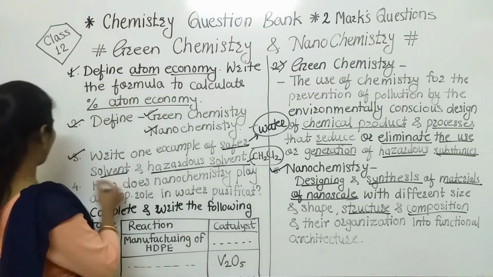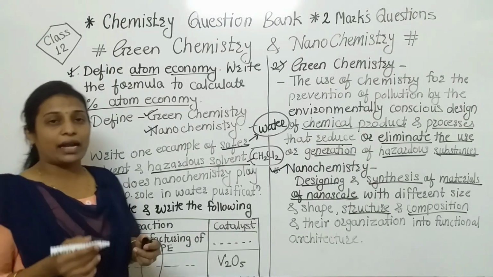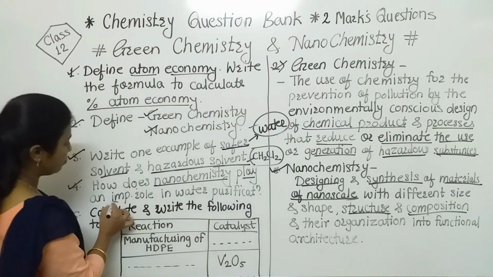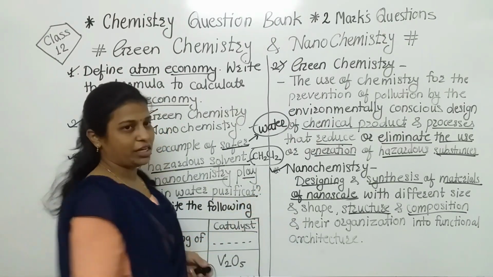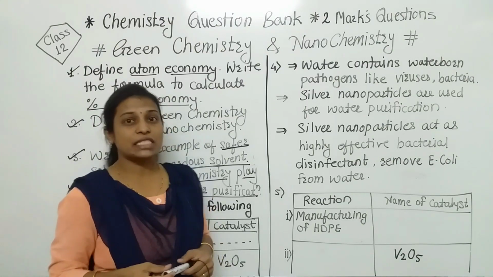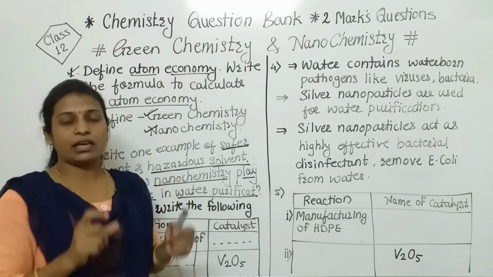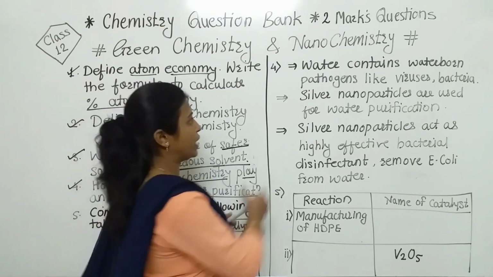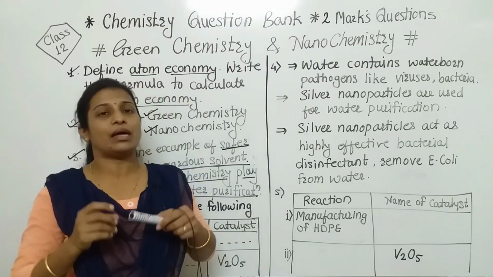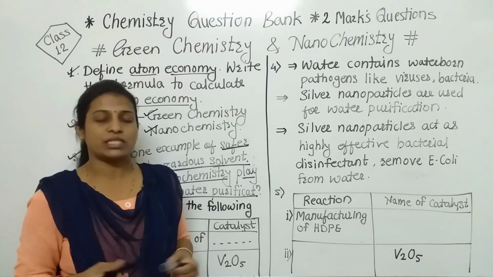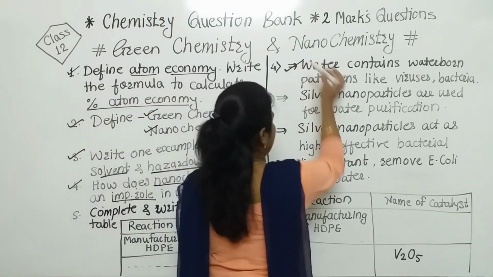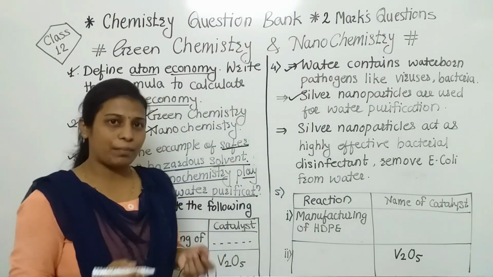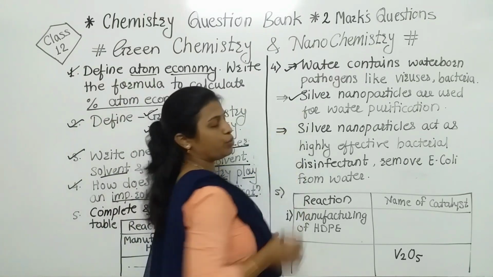So after writing water as a safer solvent and CH2Cl2 as a hazardous solvent, we will get 2 marks. Now we are going to discuss the fourth question: how does nanochemistry play an important role in water purification? So let's discuss what and how much to write for this question. Water contains a number of waterborne pathogens like bacteria and viruses. Second point, silver nanoparticles play an important role in water purification.